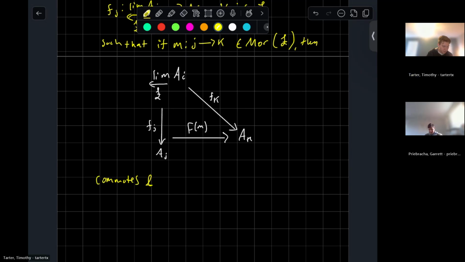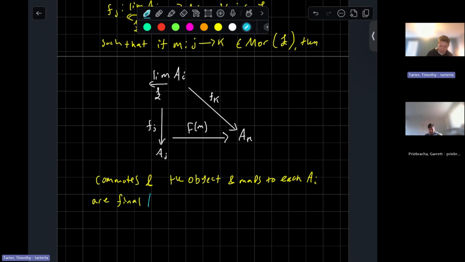And the object and maps to each A_i are final.